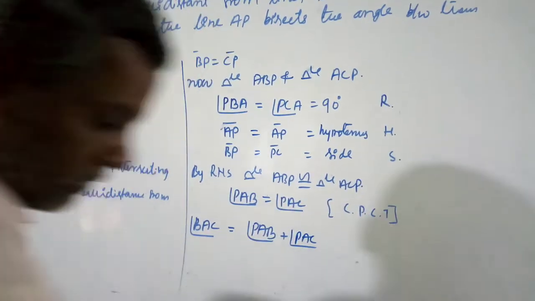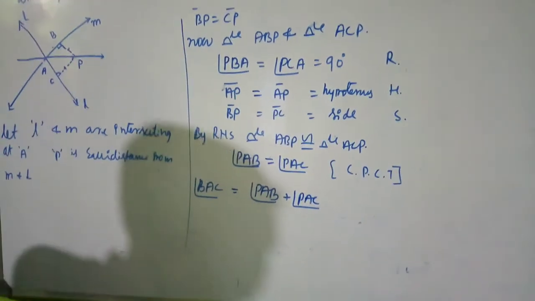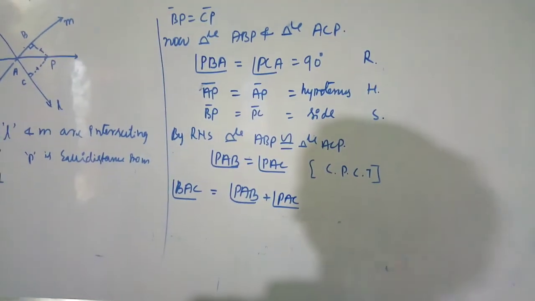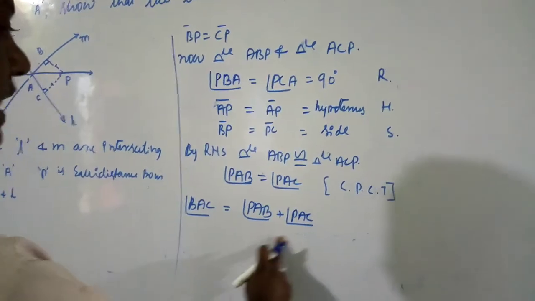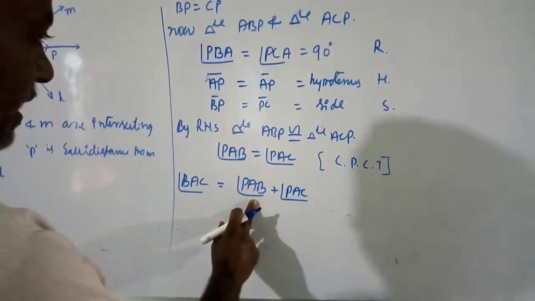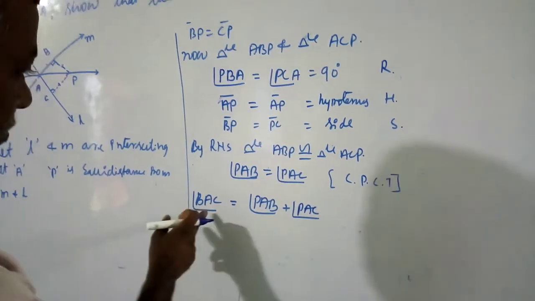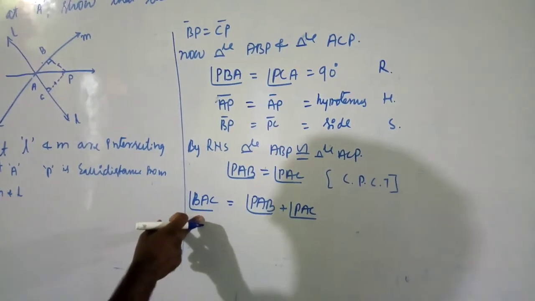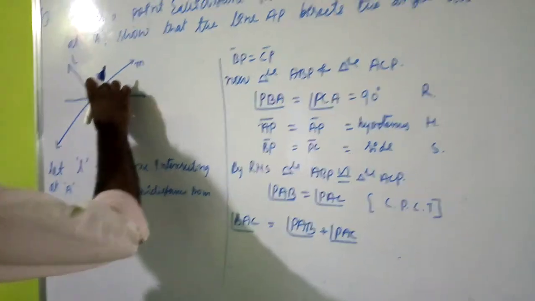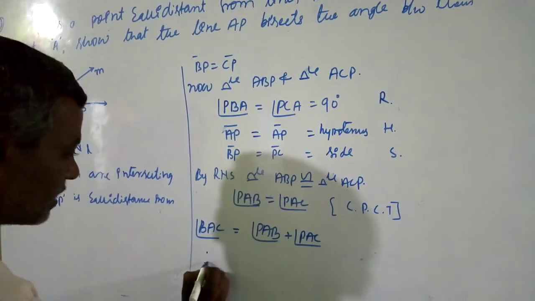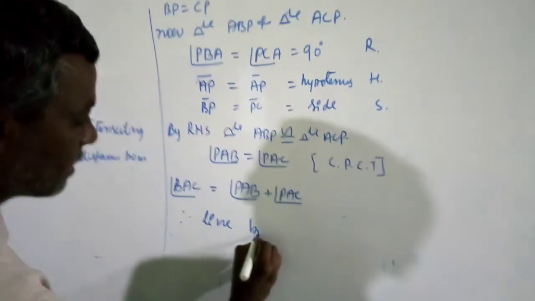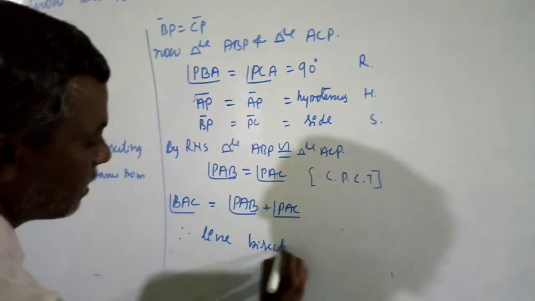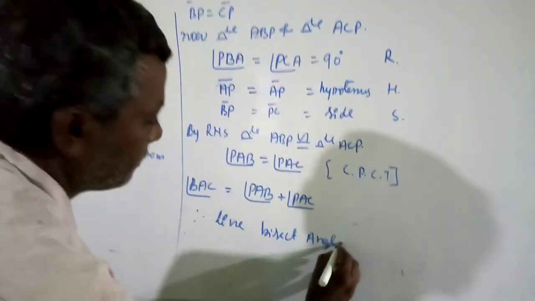If we add these two angles, we get BAC. So these two angles together make angle BAC. Now it is very clear that the line AP bisects the angle BAC.